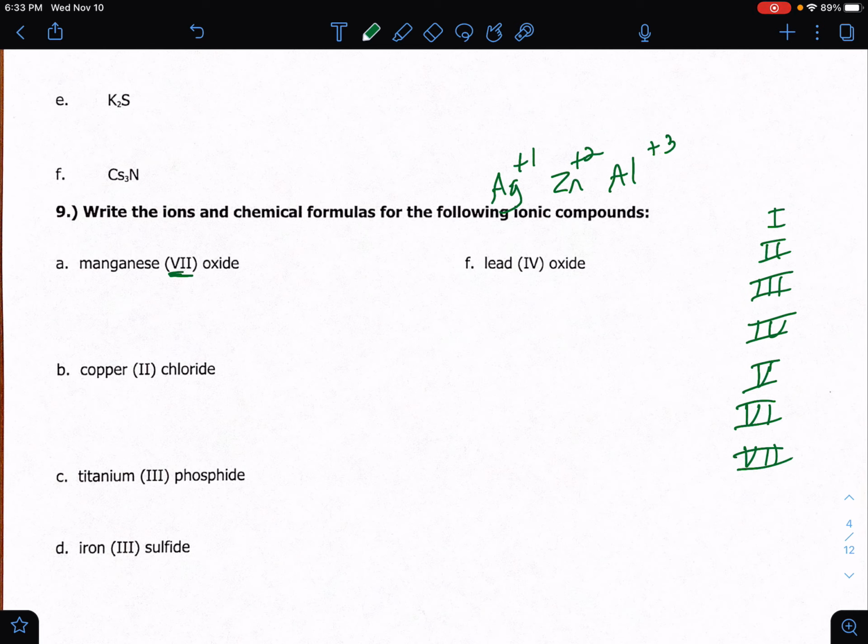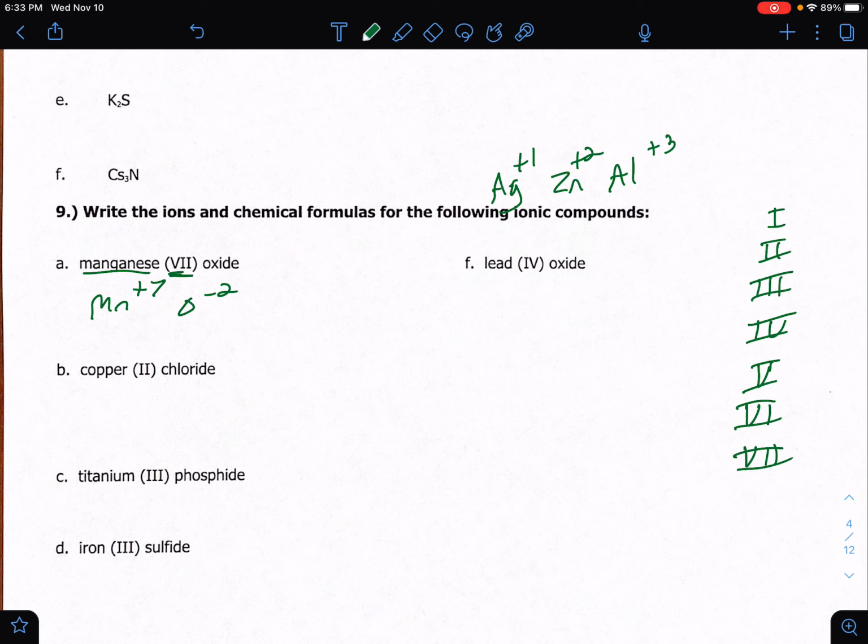Now, manganese VII oxide. Pay attention to manganese. That is not magnesium. Manganese is actually Mn, and this VII means I have a +7 charge. Now I'm going to look up oxide. That is just oxygen by itself, and that's going to be a -2 charge. So there's my first part.